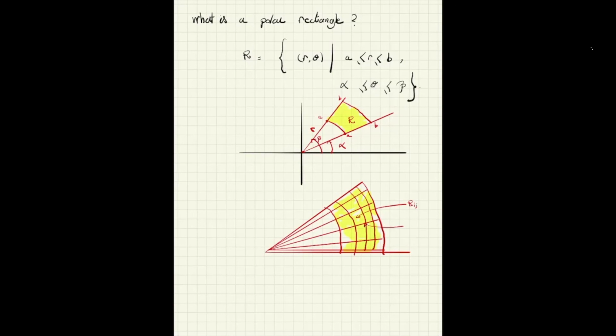We have to choose a sample point inside each rectangle. We will call it r_ij star and theta_ij star.